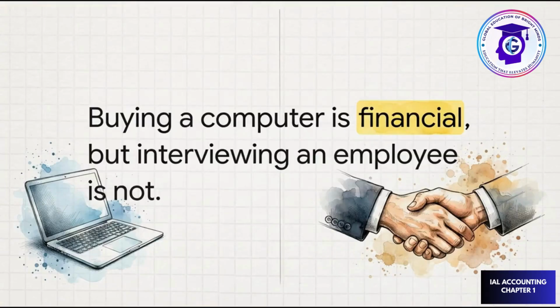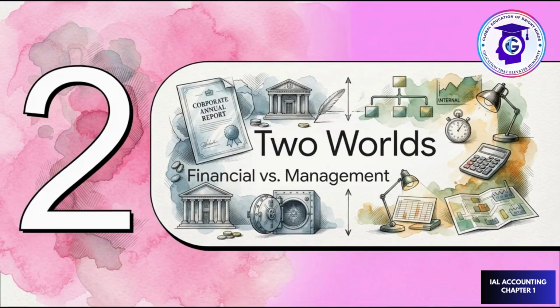So the crucial point is that an event absolutely must be measurable in monetary terms for us to record it. If you said buying the computer is the financial transaction, you absolutely nailed it. Now, interviewing an employee, obviously that's highly important for your company's future, but it doesn't have a direct, immediate, measurable monetary value. Make sense? Let's move on to section 2, the 2 worlds, financial versus management accounting.